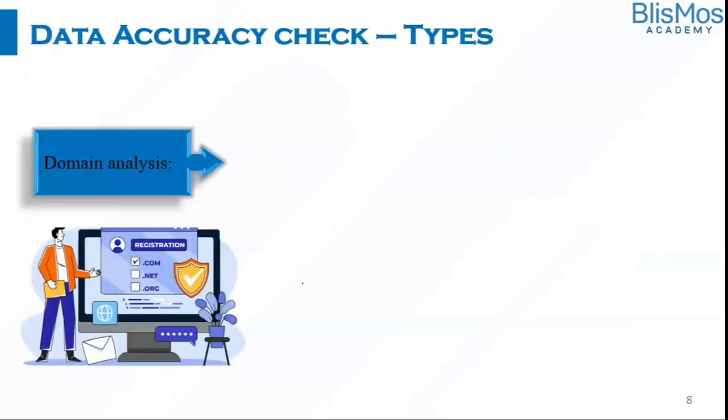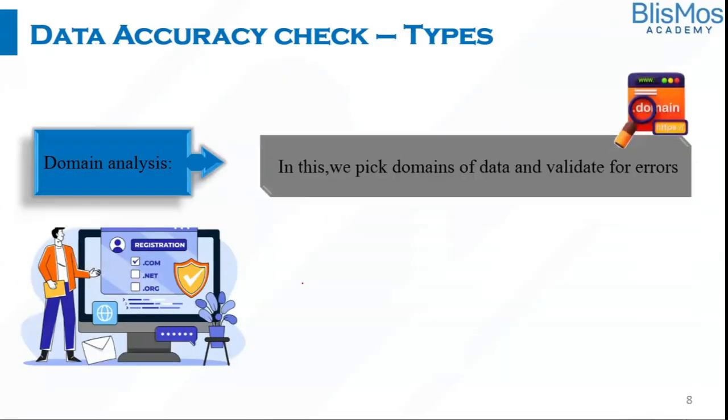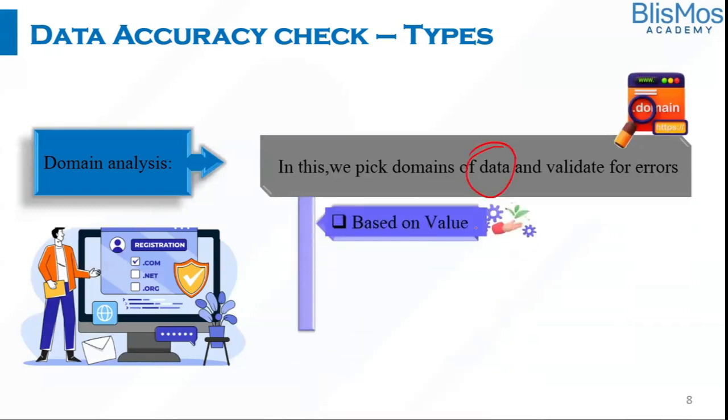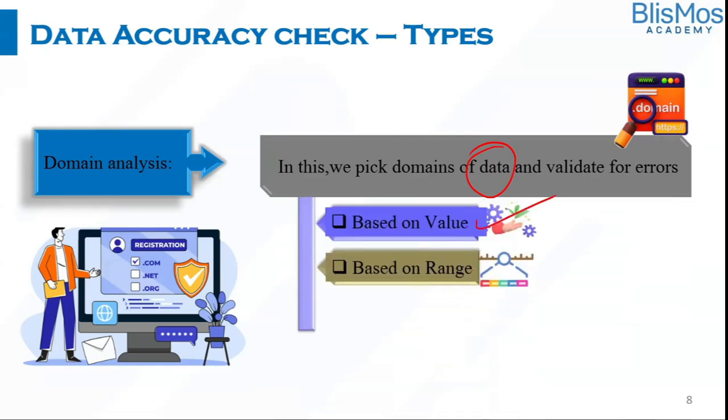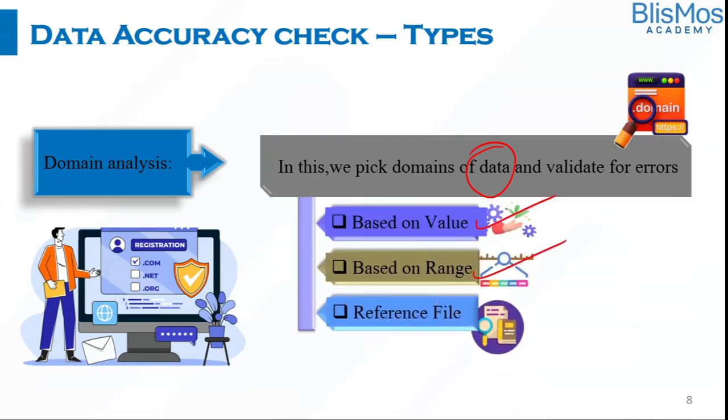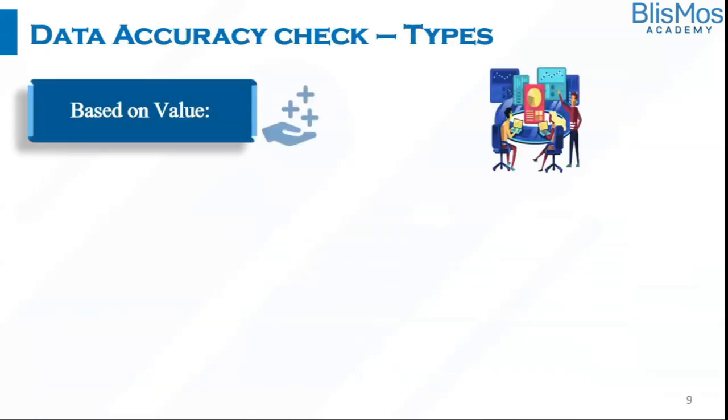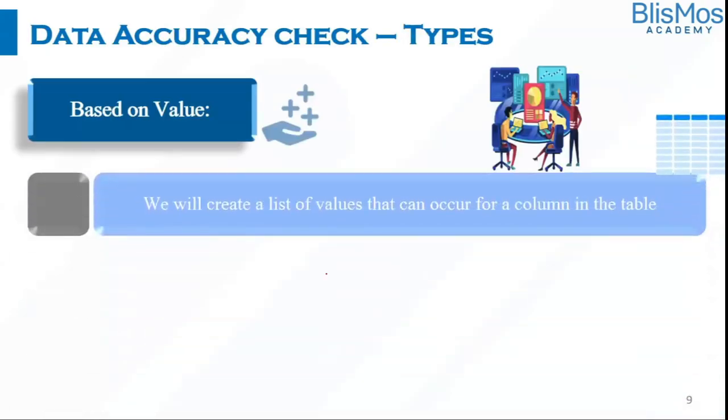Then moving on to the domain analysis. In the domain analysis, we'll validate that the data is proper in terms of value, in terms of range, in terms of reference file. Let us take an example for each of them. So when we talk about based on value, we'll create the list of values that can occur in that particular column in the table.